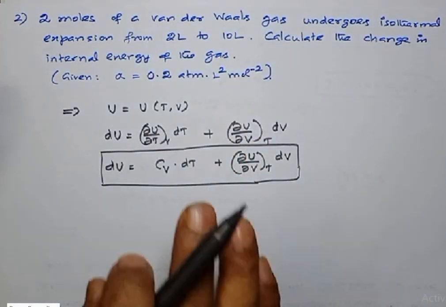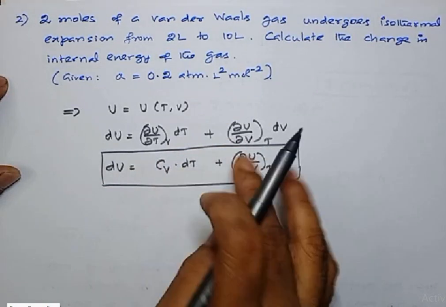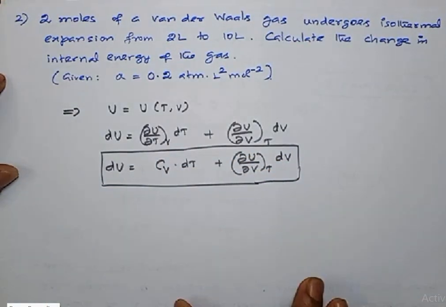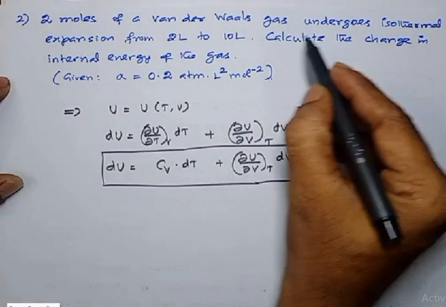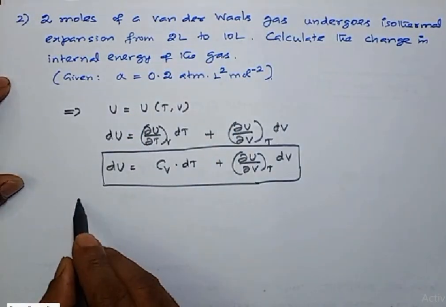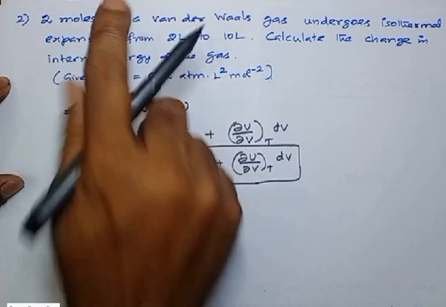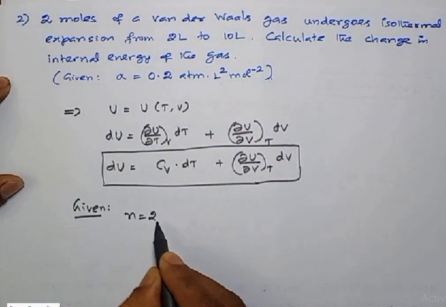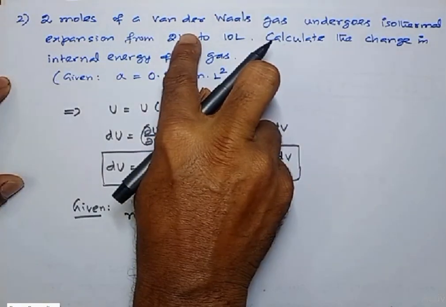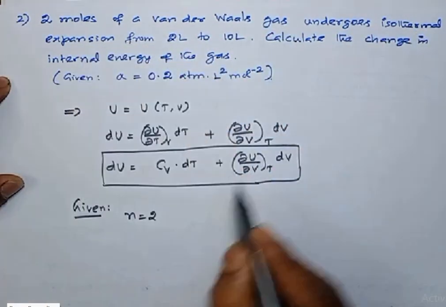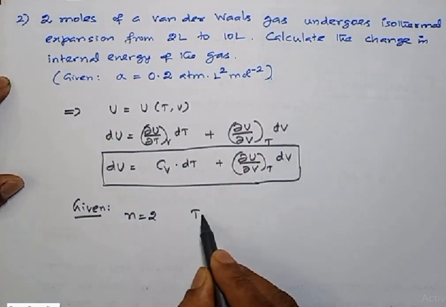It is applicable for ideal gas, real gas, solids, liquids. Now, in the given problem, n is equal to 2 moles, and the gas given is a van der Waals gas, which undergoes isothermal expansion. Isothermal expansion means temperature is constant.